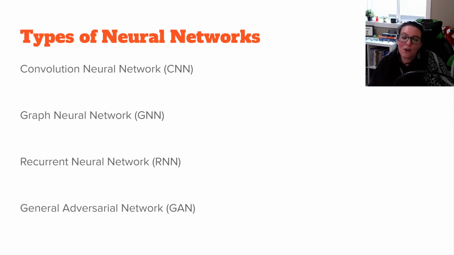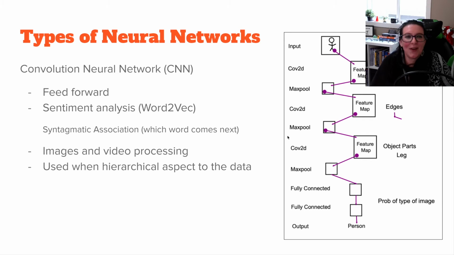But when we talk about neural networks, the big key ones are convolution neural networks, graph neural networks, recurrent neural networks, and generative adversarial networks. Okay, CNN, GNN, RNN, and GAN. What do we mean by any of these things? Okay, convolution neural network. The convolution neural network, CNN, is feed forward.